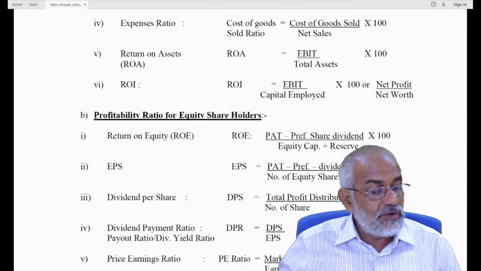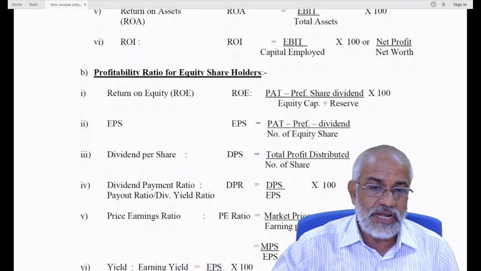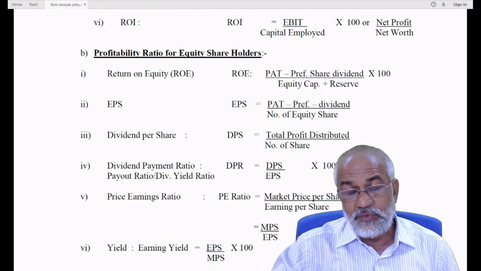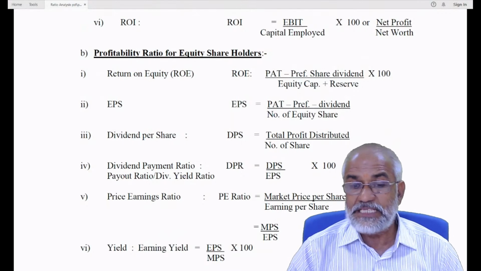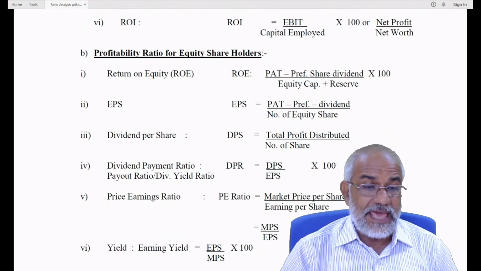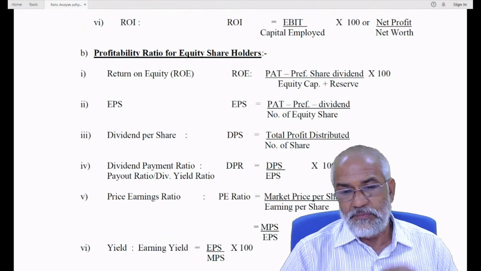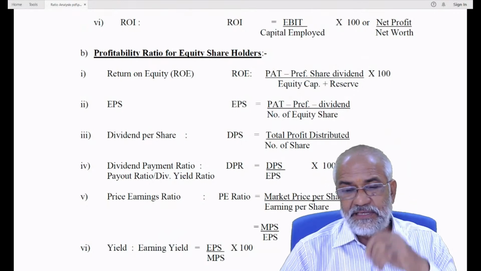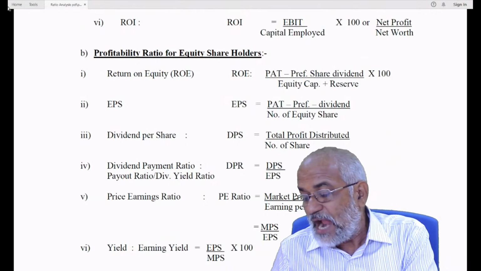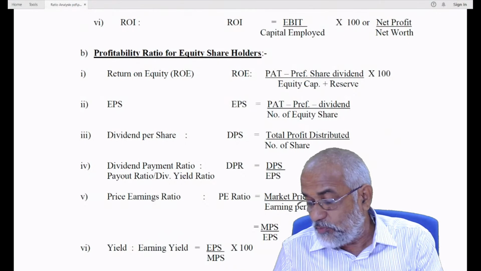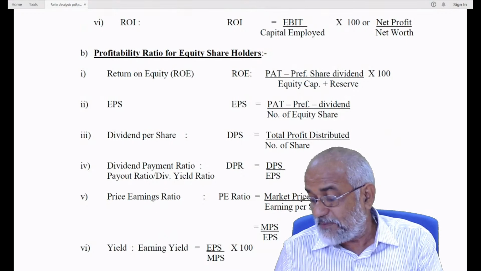After the dividend payout ratio, we need to calculate the price earning ratio, the P/E ratio, which is another important ratio. For its calculation, the market price per share plays an important role. Market price per share divided by the earning per share would be the P/E ratio.